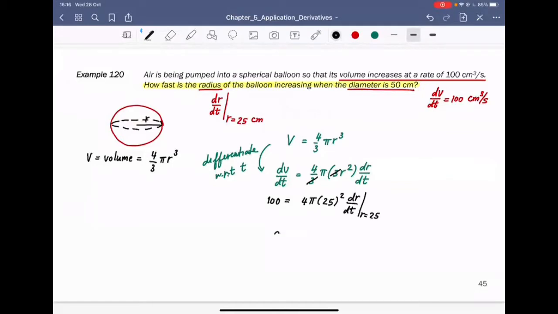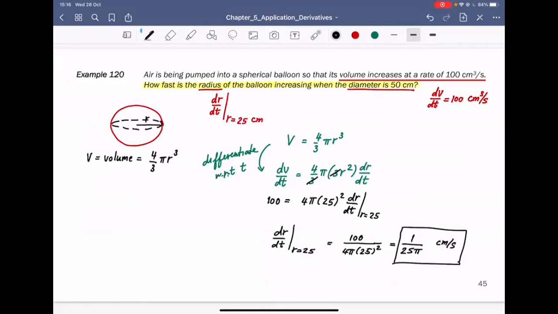So dr/dt where r equals 25 is going to be 100 over 4 pi times 25 squared. Cancel a little bit, and you get 1 over 25 pi centimeters per second. All right, this is our answer.